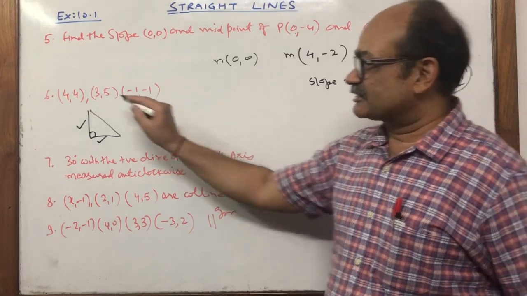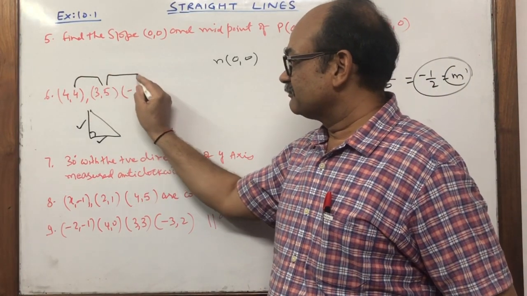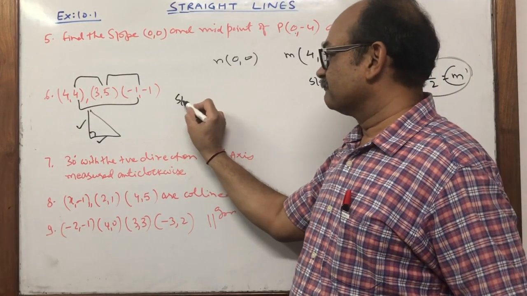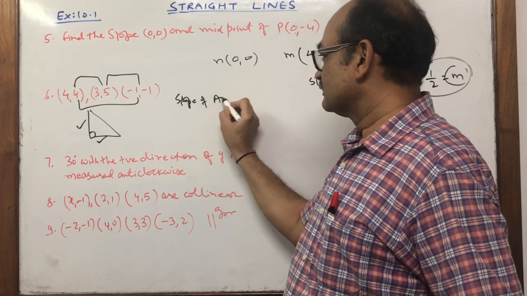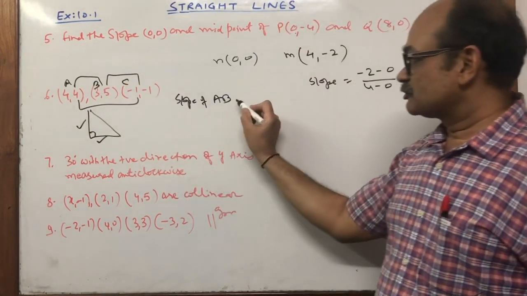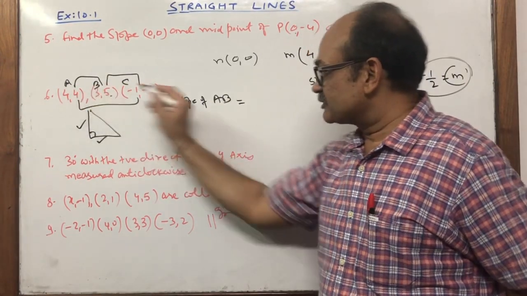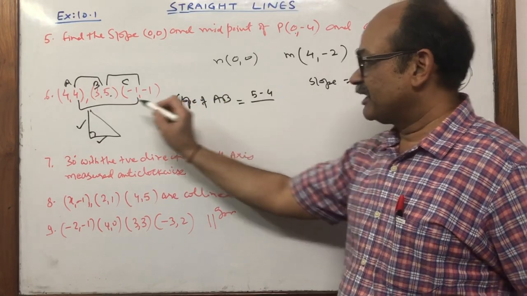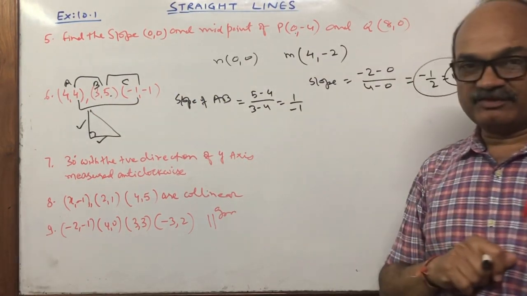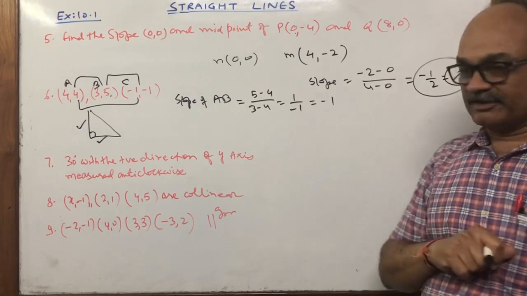So first we take the slope of the first two, then the last two, and then the first and last. So slope of AB, suppose this one is A, this one is B, this one is C. So slope of AB is y2 minus y1 divided by x2 minus x1, that is 1 upon minus 1, which is nothing but minus 1.